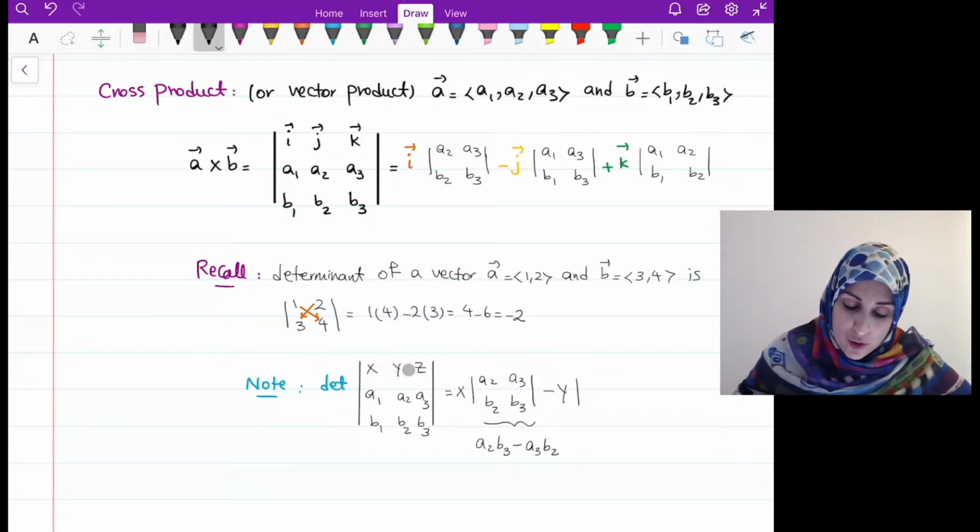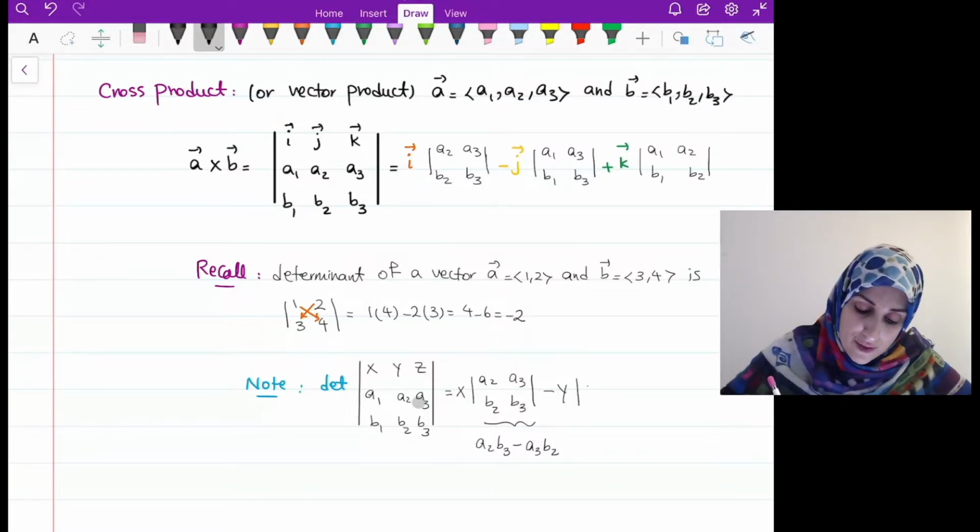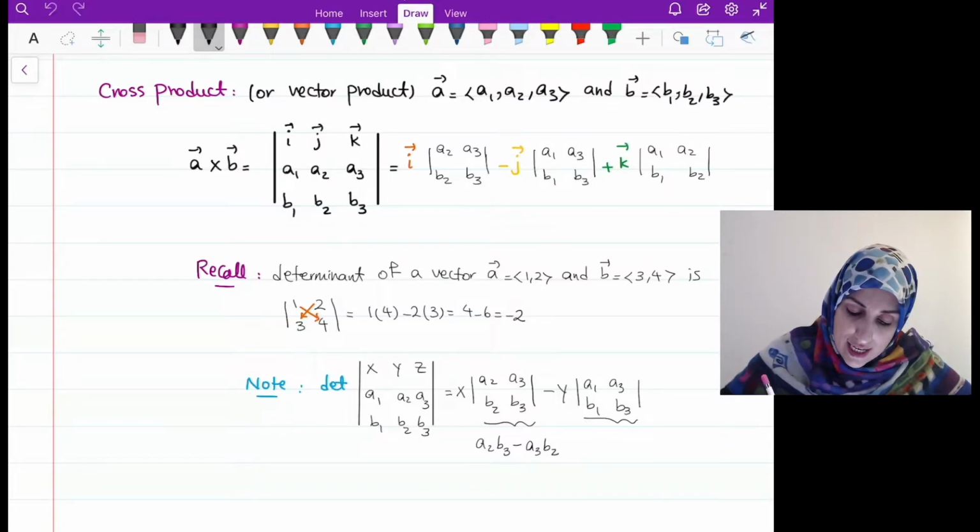Then I have a negative sign for Y, negative Y. I remove the row and column containing Y. I'm left with A1, A3, B1, B3, so this is A1B3 minus A3B1.